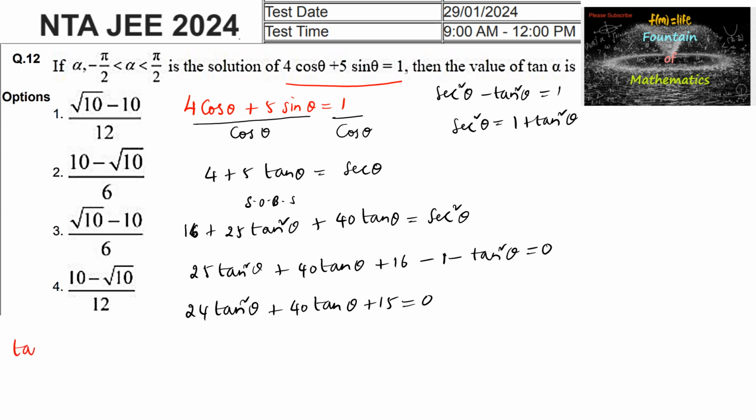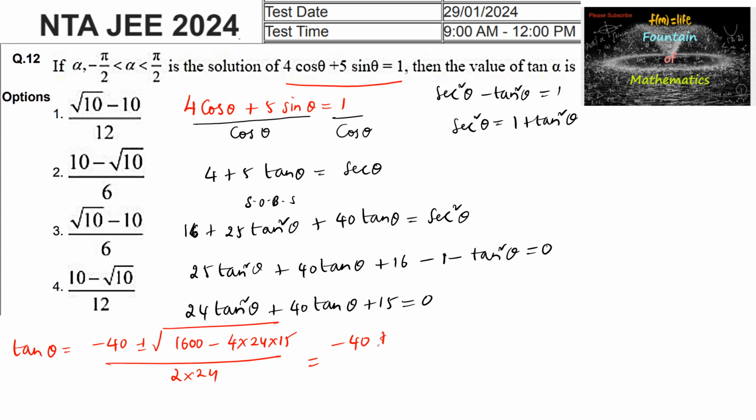So tan theta is equal to minus 40 plus or minus under root of b square, that is 1600, minus 4ac, that is 4 into 24 into 15, divided by 2 into 24, which is equal to minus 40 plus or minus root of 1600 minus 1440, since 15 fours are 60, 24 sixties are 1440.